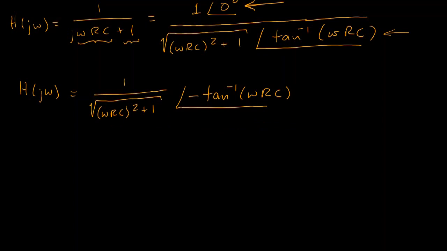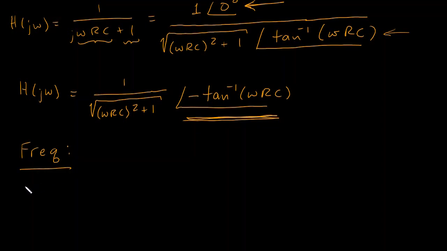Okay, so now what we want to do is take a look at what actually happens to this phase as we change frequency. What happens to the phase here as we modify frequency? The first thing is, we want to talk about the frequency first.